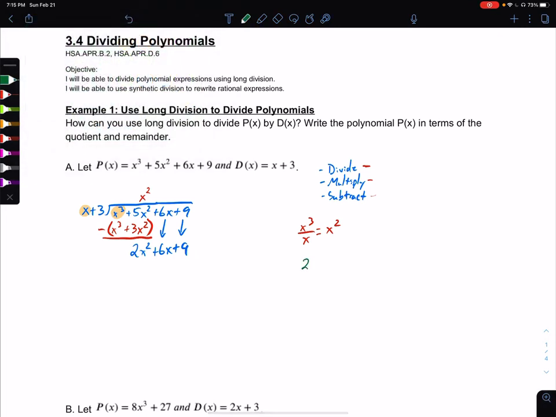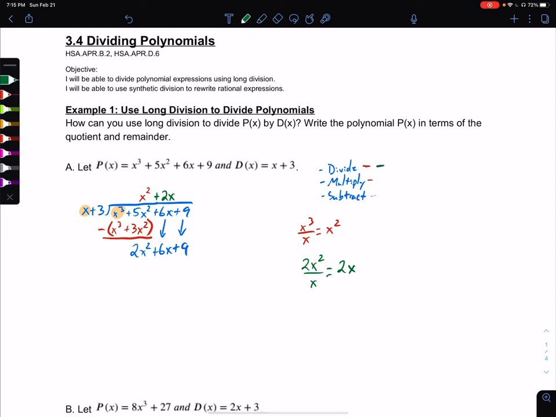Reduce these, and we wind up with 2x. Once again, that'll go up top and match up with our other linear terms. You'll notice that 2x is right over 6x. Both are a degree of 1, so they'll match up.